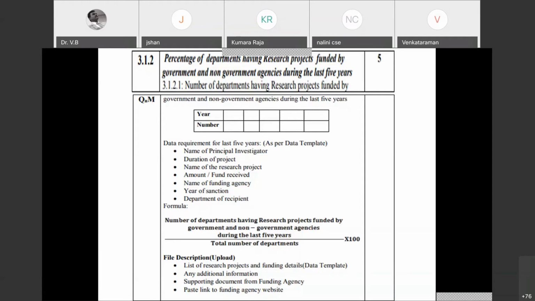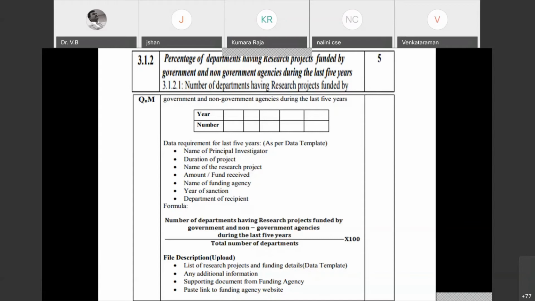In case there is any discrepancy in that, then the DVV will definitely raise questions on this. So this is information from the head of the institution. If they are going to provide this data, or if there is a separate research cell in the institution which is taking care of this, then they should ensure that the total number of departments which you are specifying in this denominator is tallying with the total number of departments which you mentioned in the IIQA.